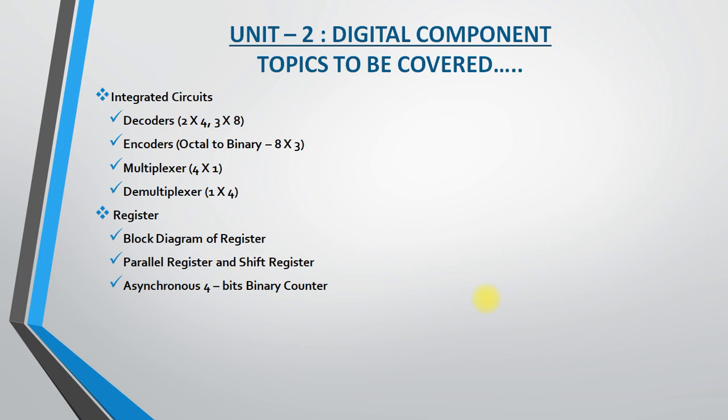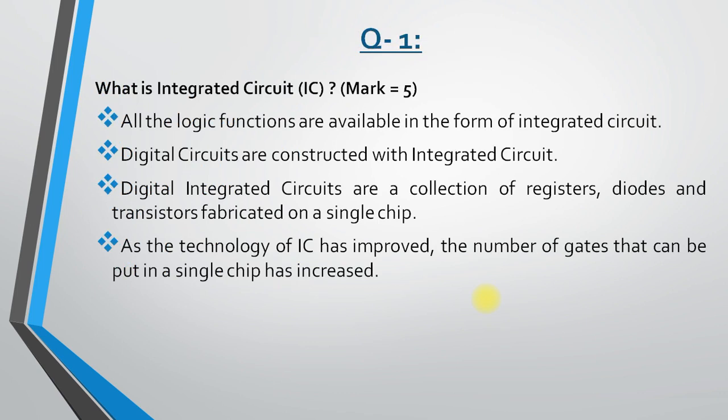But before understanding the concept of decoders, encoders, multiplexers and demultiplexers, first of all the question raised in mind is: what is an integrated circuit? So for that, let us understand the first question of unit number 2, digital components, that is, what is an integrated circuit. Integrated circuit is the full form of IC.